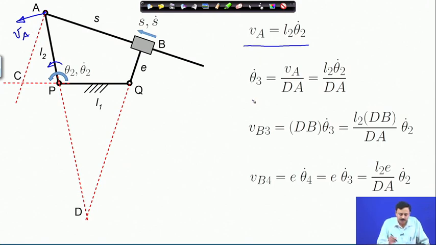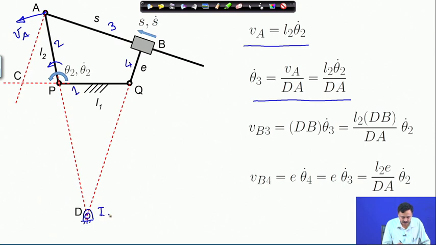Then I can find out the angular velocity of link 3. So, this is link 3. I can find out angular velocity of link 3, which I have written out as theta 3 dot, is V_A divided by this distance dA. So, velocity of point A divided by this distance dA, because d is the instantaneous center of rotation, remember, for link 3.